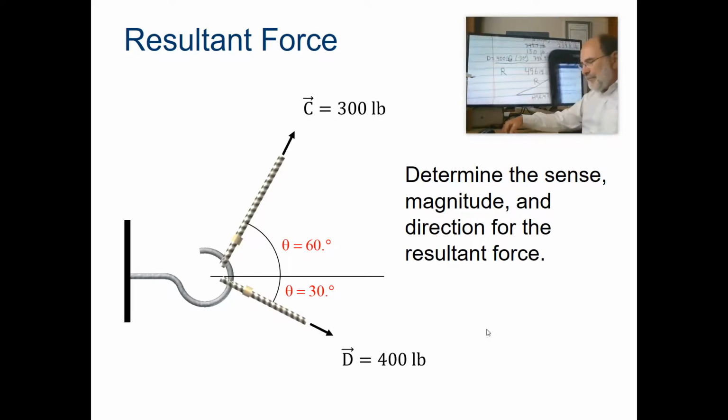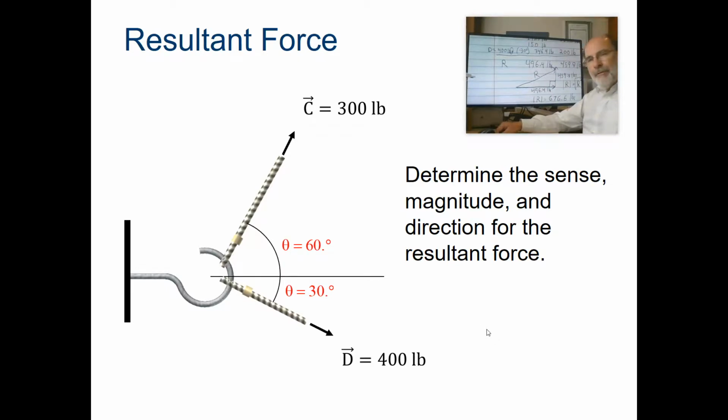Beep, beep, beep, beep. And it says the magnitude of R works out to be 676.6 pounds, which now you could round off and say, well, okay, 677 pounds.